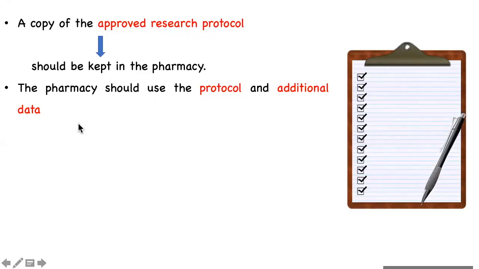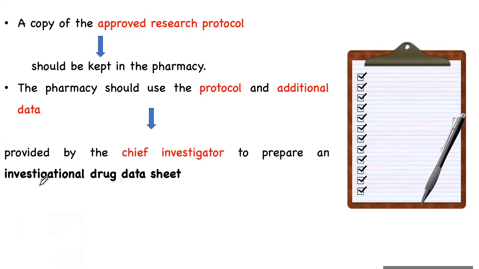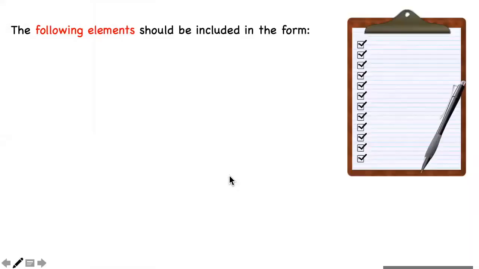Pharmacy should use the protocol and the additional data provided by the chief investigator to prepare an investigational drug data sheet. So you have to keep this document as well.